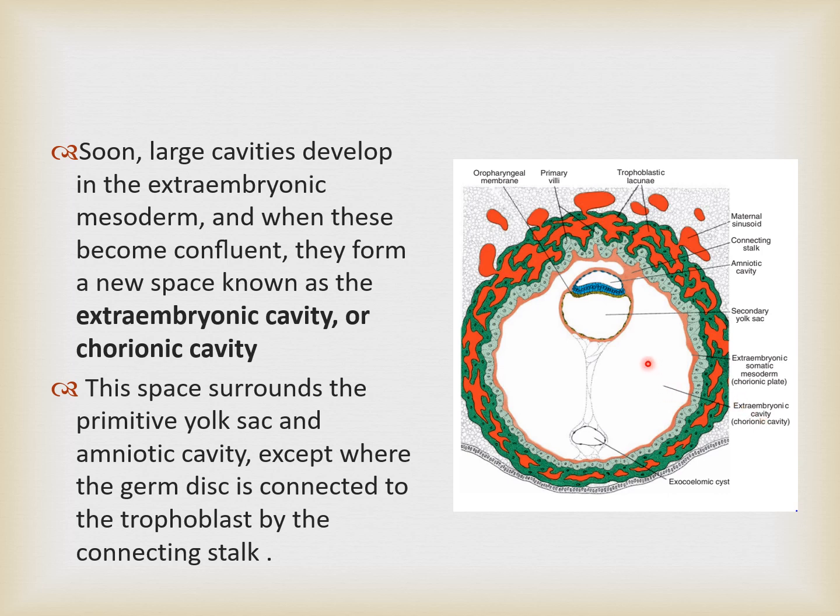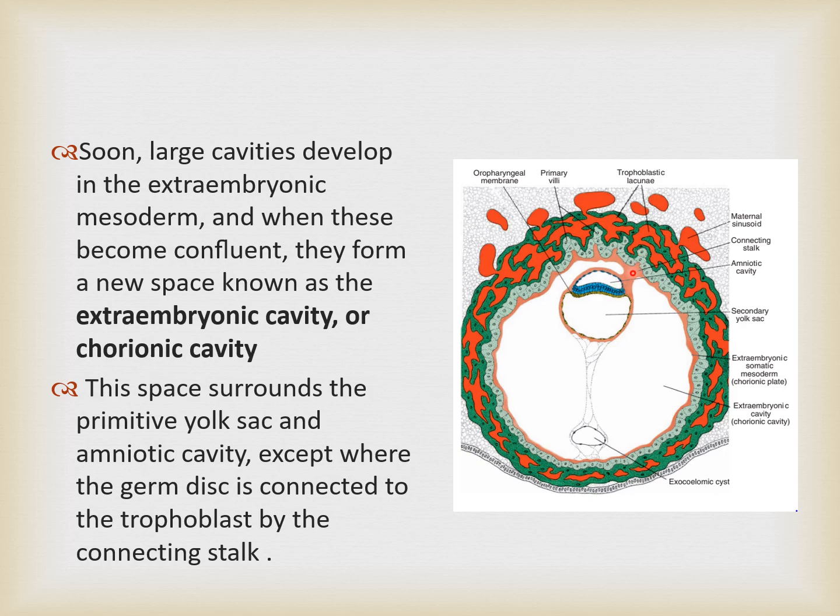This chorionic cavity surrounds the primitive yolk sac except where the germ disk is connected to the trophoblast by the connecting stalk. The epiblast and hypoblast together form the germ disk. Around all this there is the extraembryonic cavity, except where the germ disk is connected to the trophoblastic cells with the help of the connecting stalk.